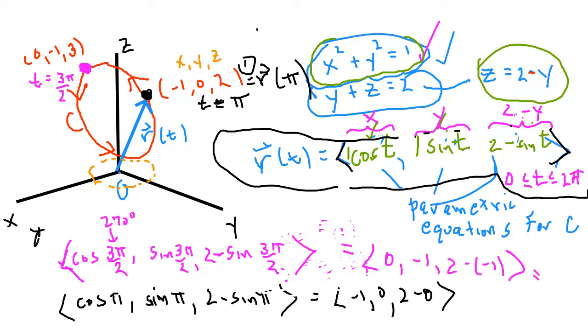So that's going to equal, let me do it right, 0, -1, and 3. Please let me know if you have any questions. I'm just trying to add some detail here to example 6 in the textbook, to help give you a good feel.